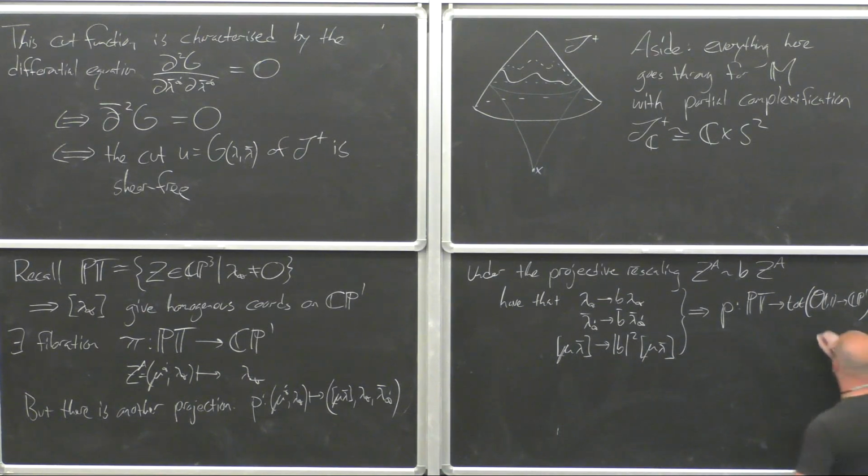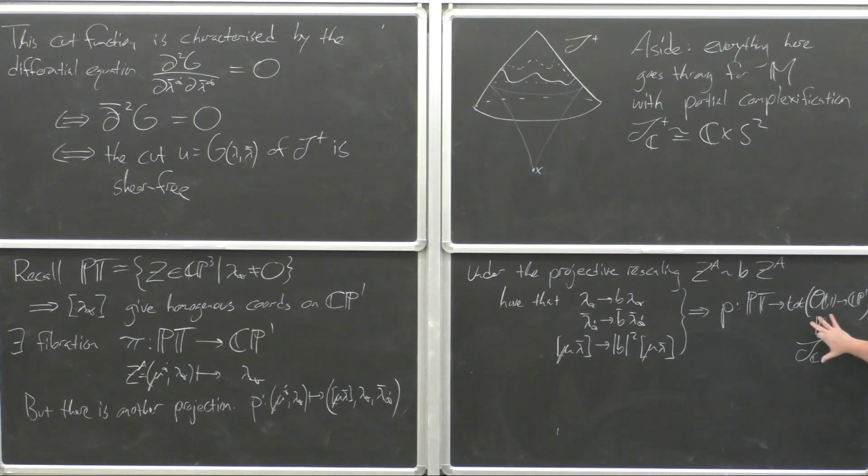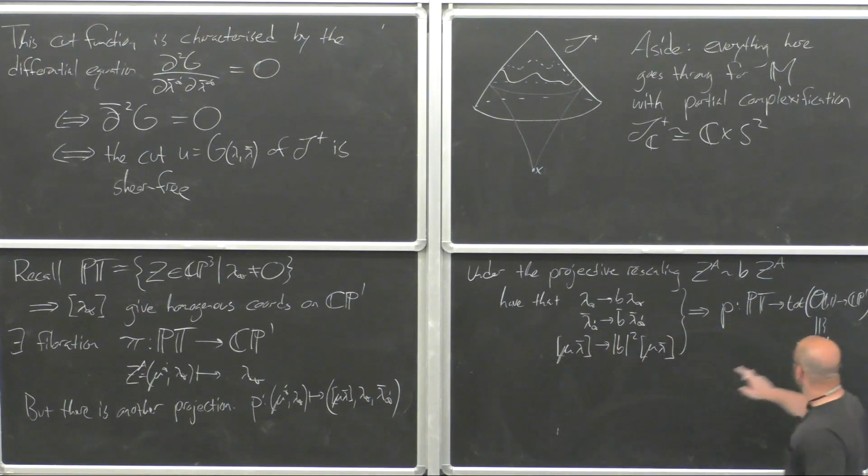But this is the partial complexification of Scry, right? We just saw Scry with Lorentzian reality conditions was the total space of this line bundle where all the sections are real valued. Here, we don't have a reality condition on this contraction, so I've dropped the R, and that's this partial complexification of Scry that we wrote up there. Okay.